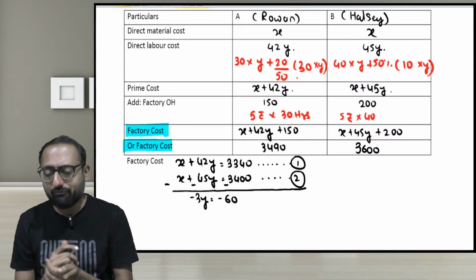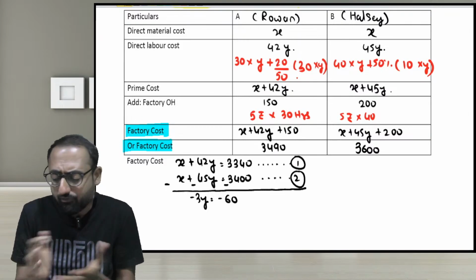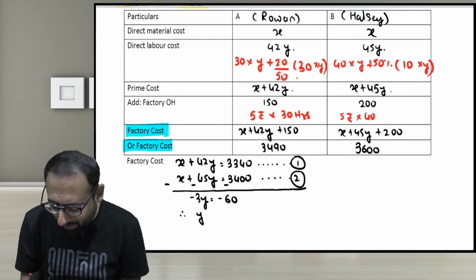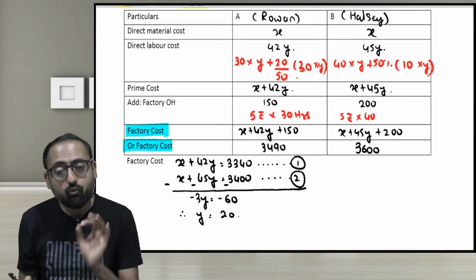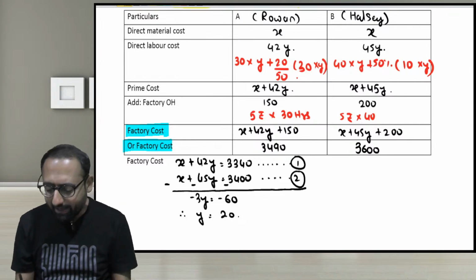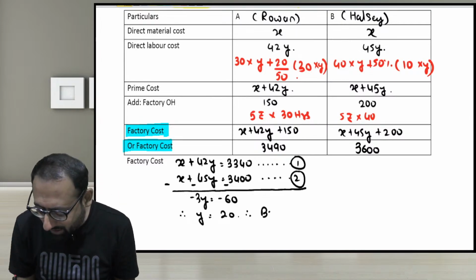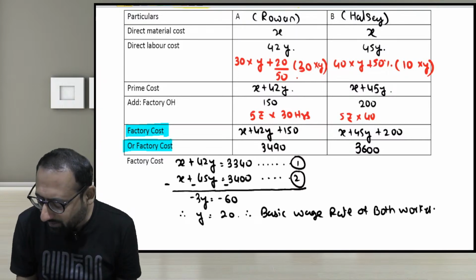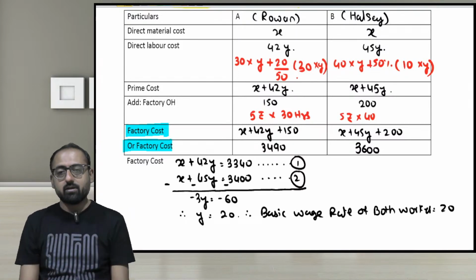Because minus 3400 plus 3340, your answer will be minus 60. So yes, your y will be positive 20. Now what is that y? What y you have assumed? Therefore, the basic wage rate of both the workers is rupees 20. I hope so.